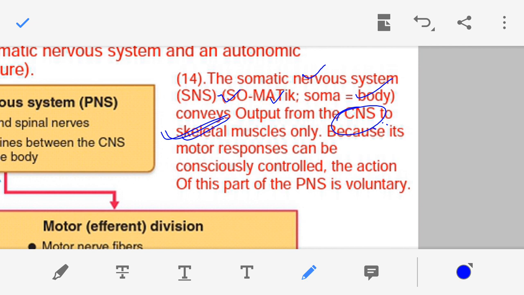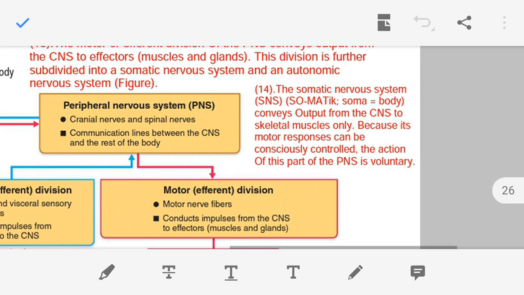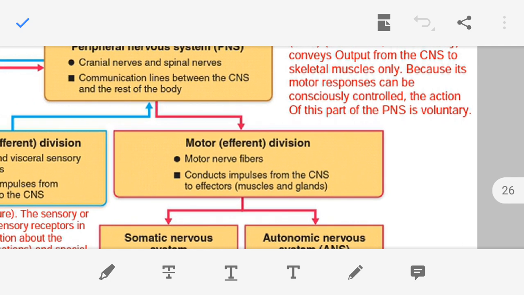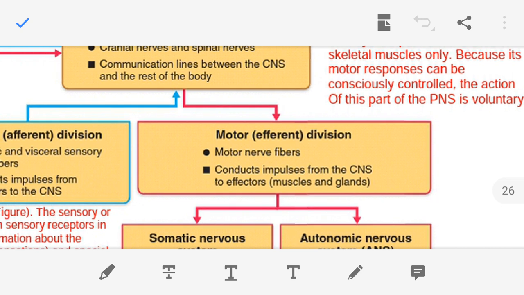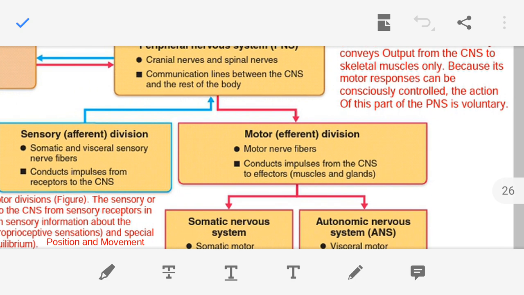We can give orders to the skeletal muscle on how to move. That's why this part of the PNS is under voluntary control. We can write on paper, we can hold things, we can play the game of chess by moving the pieces on the board. All this activity we are doing voluntarily.